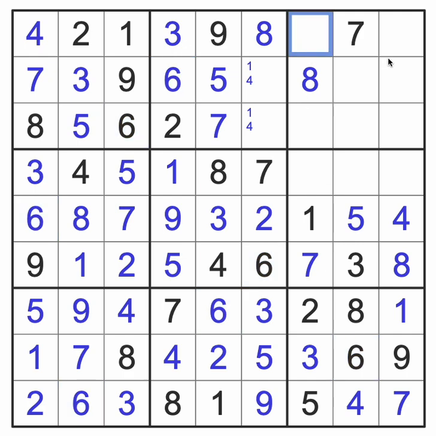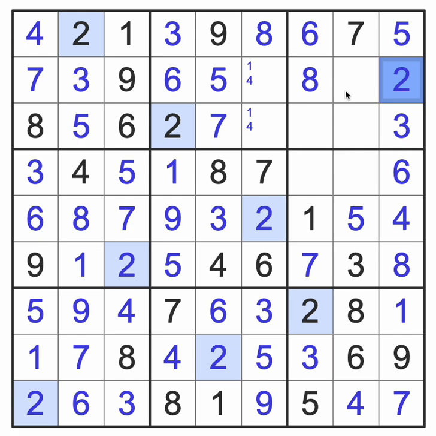These are 5 and 6, and here's 5. So this is 6, and this is 5. 6 and 6 makes this cell 6. These are 2 and 3, so this 2 makes this cell 3, and this is 2.